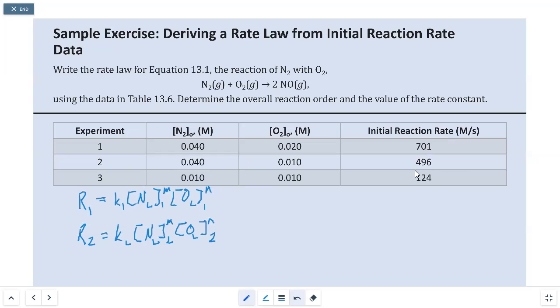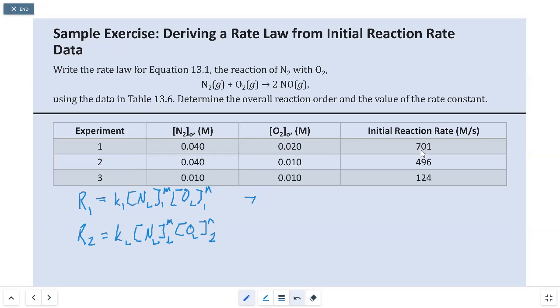The R's, we can put in these initial rates. So instead of looking at this as R1 is equal to K1, N2 to the M, and so on, we can put numbers to this, and this will actually help us a lot.